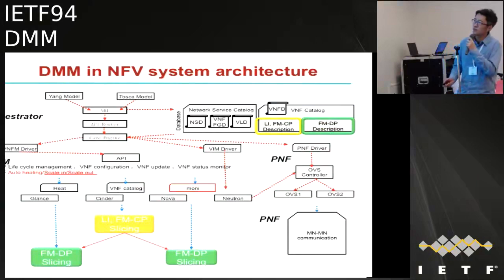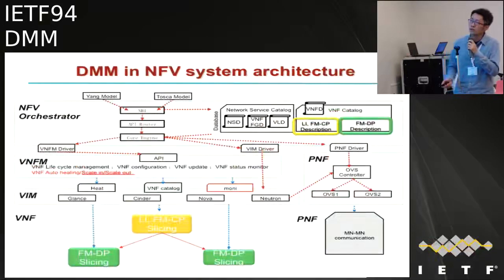As we implement the DMM in the NFV system architecture, the control planes and the data planes can be modeled in the orchestrator, which is the NFV catalogs. The yellow and green circles can be described as description documents in the database.